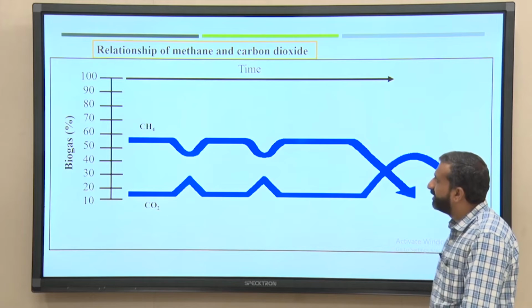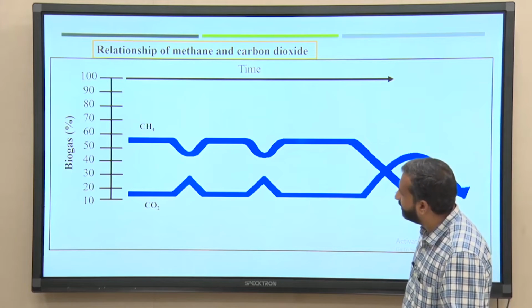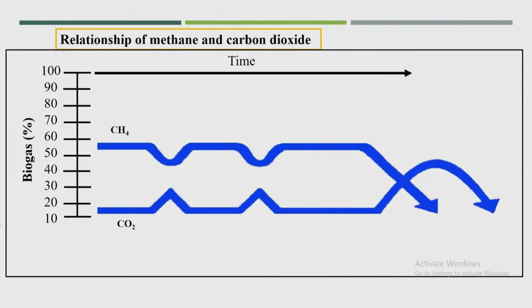When you see the relationship of methane and carbon dioxide, this is time versus the biogas. The methane percentage is higher and the carbon dioxide percentage is low, and you see there is a decrease in methane and an increase in carbon dioxide at two different places because of feed.